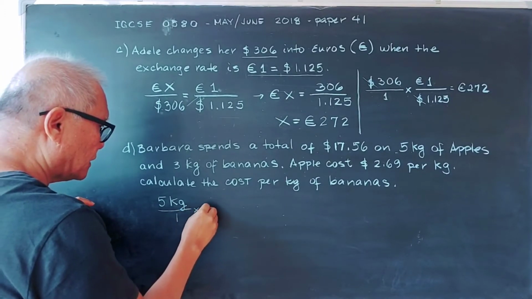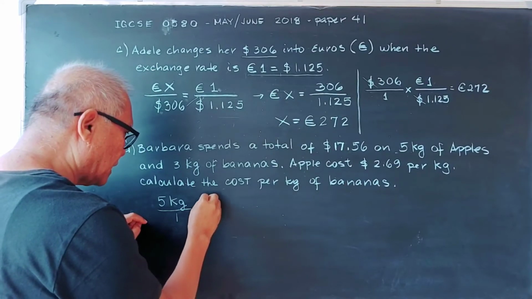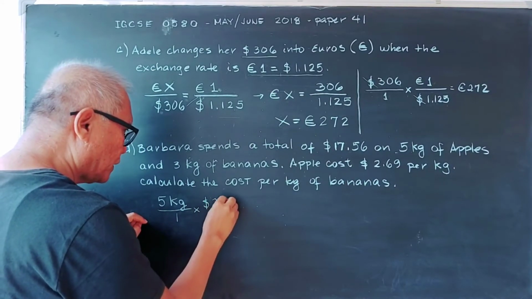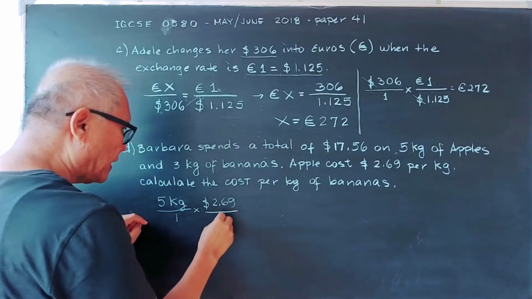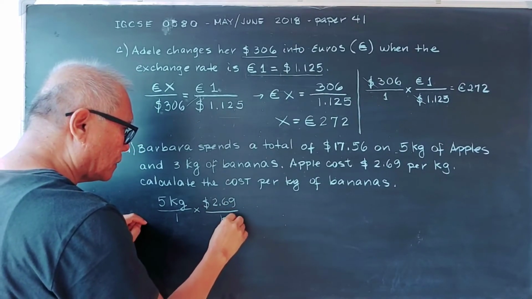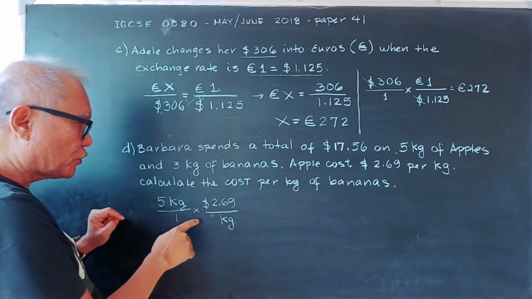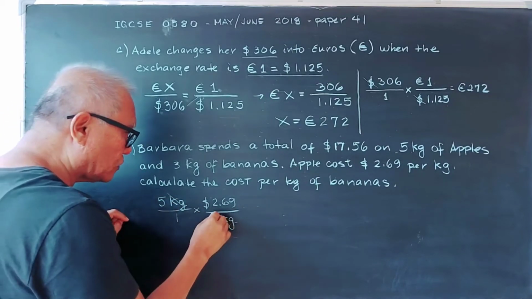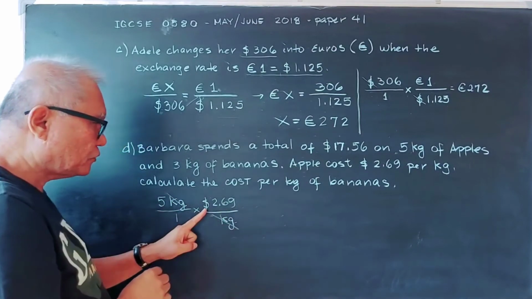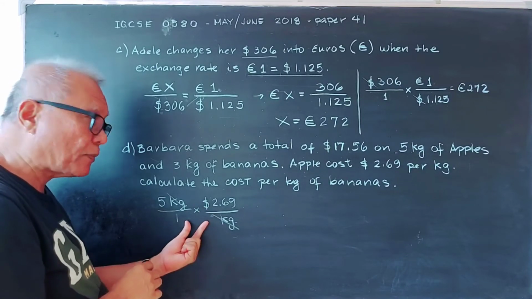You multiply this by this 2.69. They have the dollar here, $2.69 per kilogram. Per means fractional bar. So we can see here that we can cancel the kilogram and the kilogram here. So our unit now is in dollars. This one is for apple.